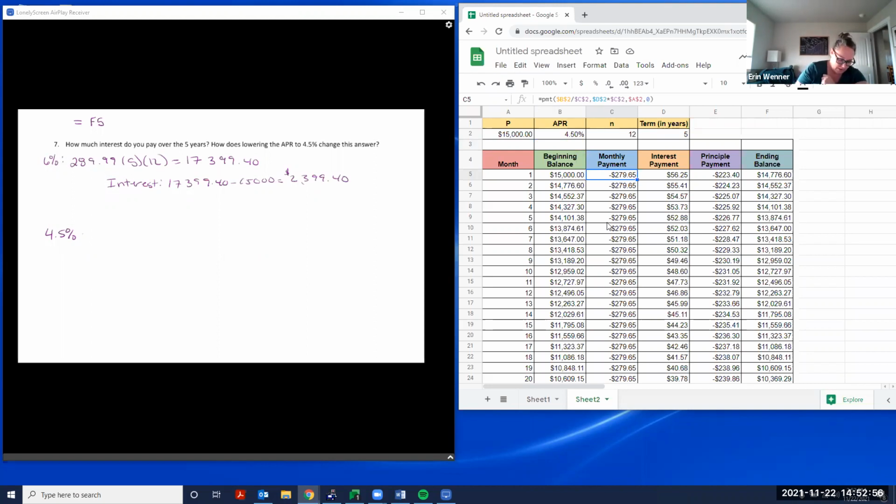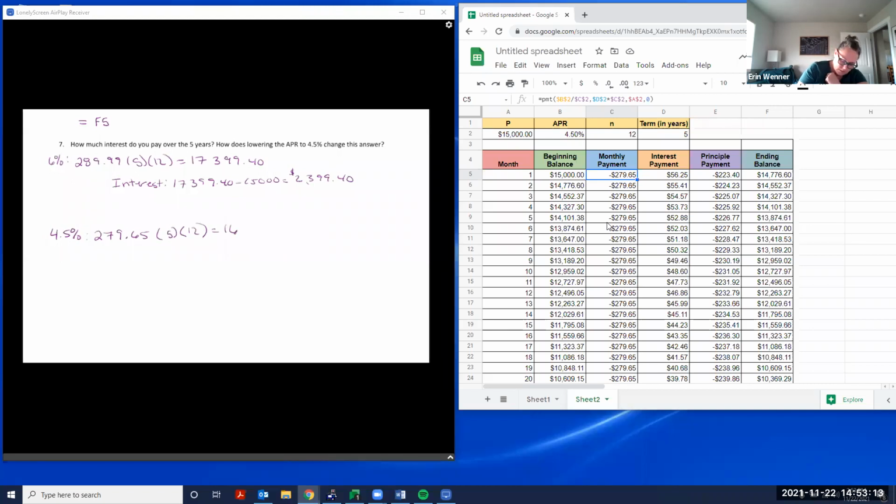So if we do 4.5%, $279.65 is our payment, which we multiply by 5 and we multiply by 12, which gives us a total of $16,779 even.